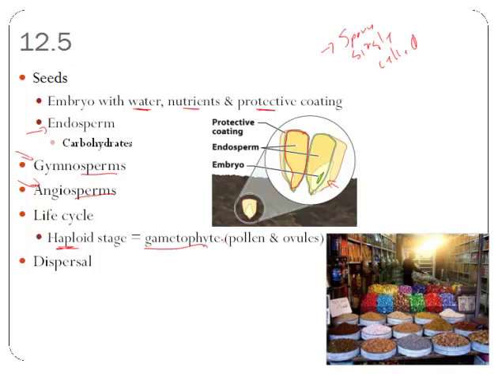So the gametophytes for the male plants are pollen, and the gametophyte for females are the ovules. So now that haploid stage is carried internally, very much like animals. And seeds aid in dispersal because they can last much longer than the spores could.